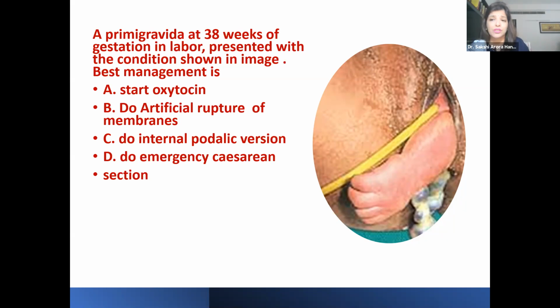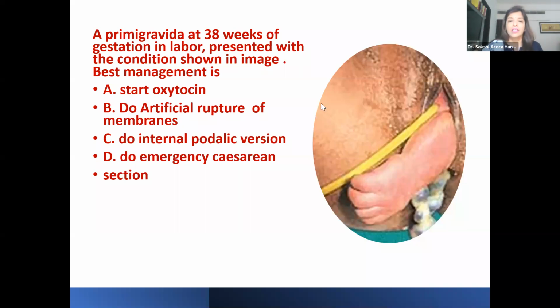So let's come back to this image. In this image, it's a case of hand prolapse and we are getting cord prolapse. Most probably this was a case of transverse lie and the patient was at home and she was trying to be delivered vaginally.